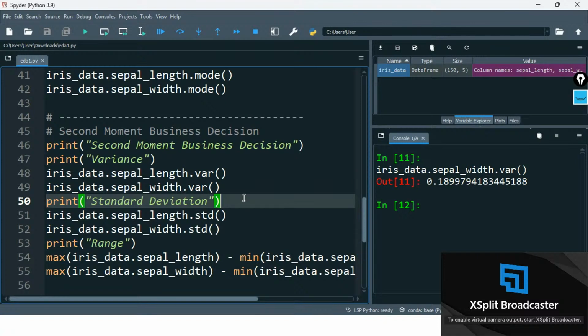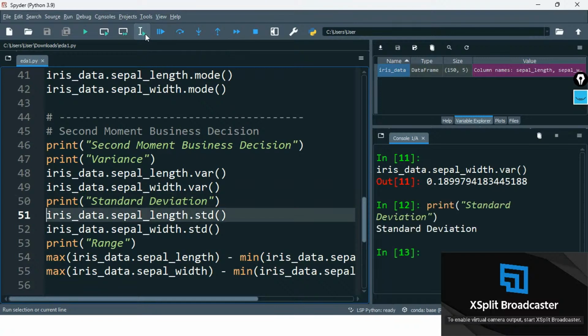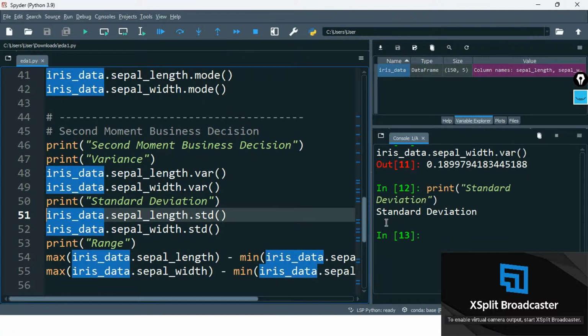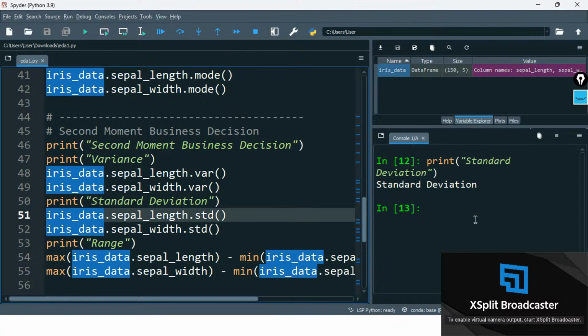I'll try to calculate standard deviation on these columns so that I'll get the original spread of the data. Yes. So I'm just printing standard deviation, a string, to the console. So standard deviation got printed.